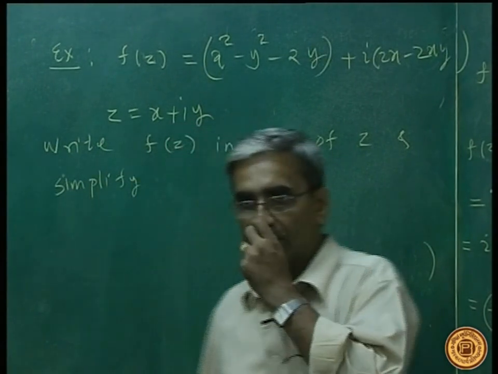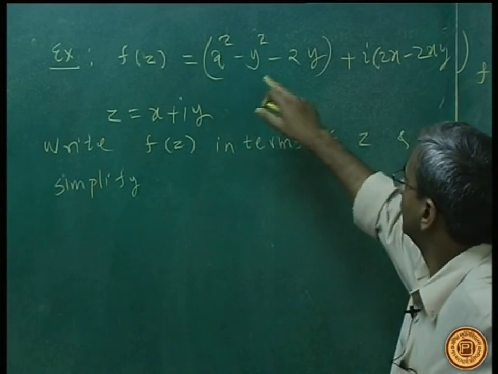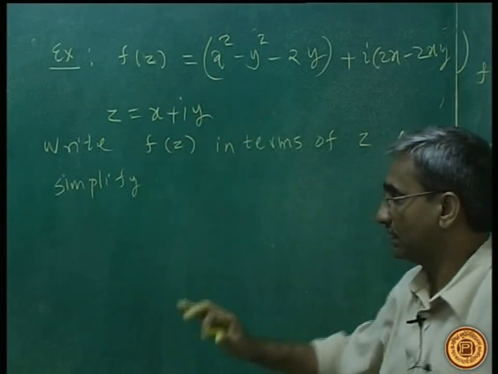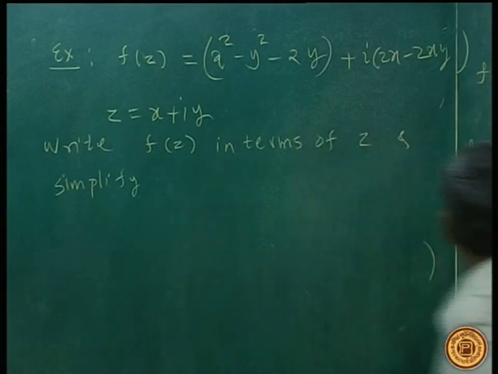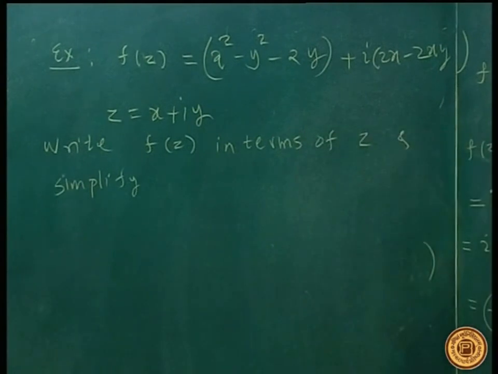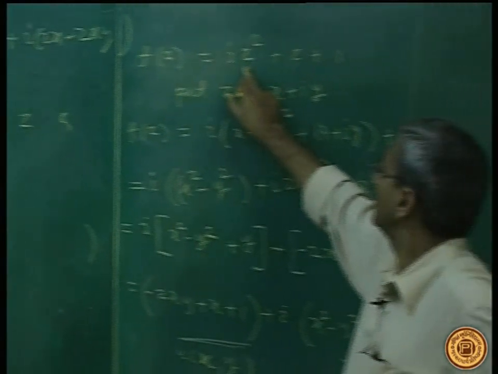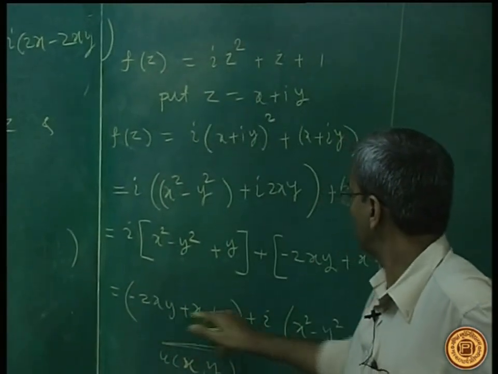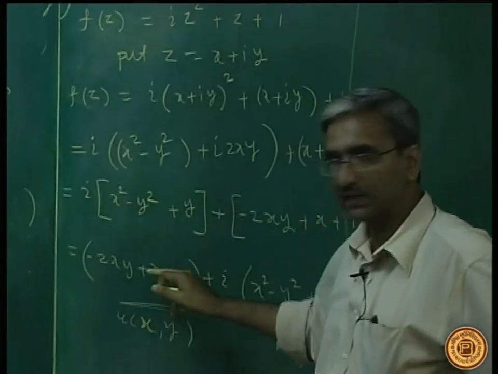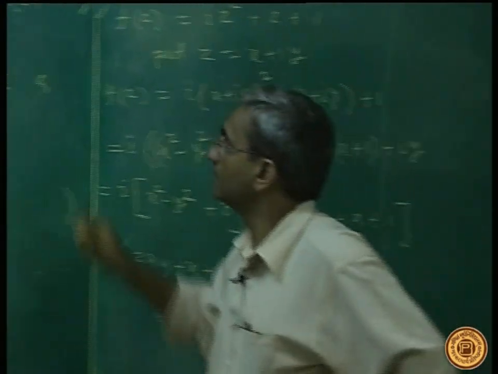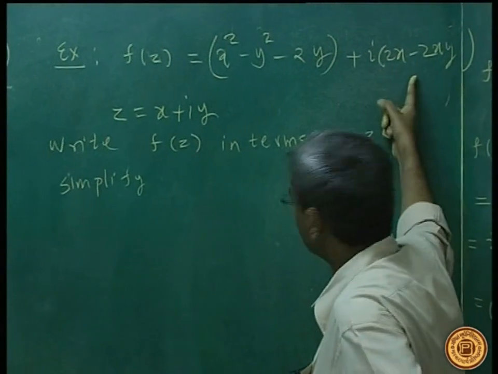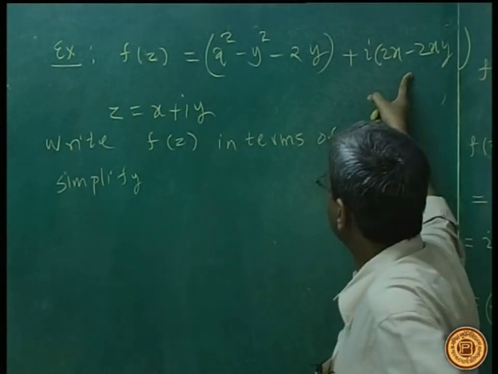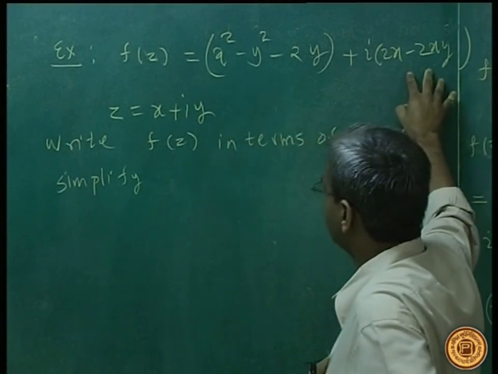So what is expected here? Now it is the reverse process. Just now we saw how to find real and imaginary parts. So the function in terms of z was given and we found u(x,y) and v(x,y), that is, functions in terms of x and y. Now here u(x,y) and v(x,y) are given actually. So f(z) is already expressed as u(x,y) plus i times v(x,y).